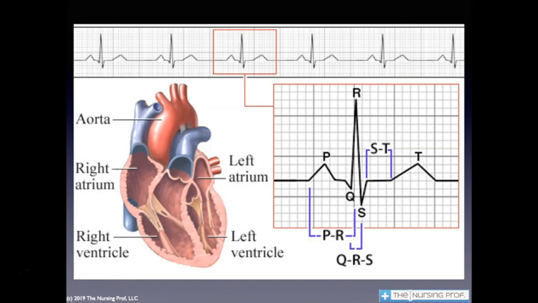The baseline is what comes before the P wave. And we should have our ST segment come back to the baseline. We should have the baseline come back to normal or back to where it started from after the T wave. And the same thing is happening here on the little diagram that is exploded that we're seeing here on the front.